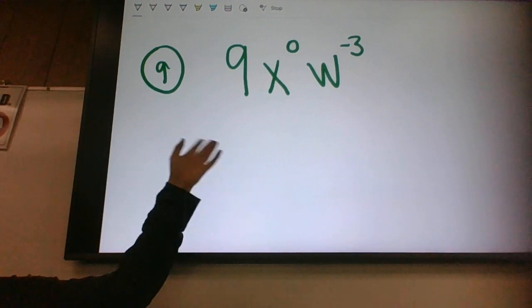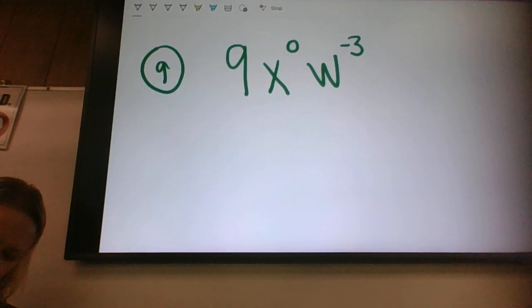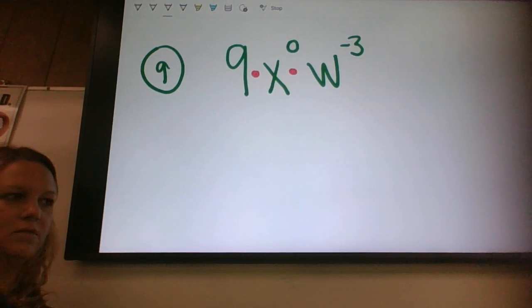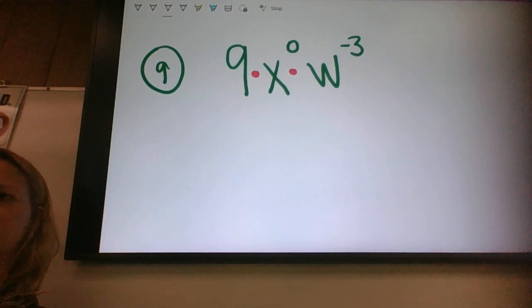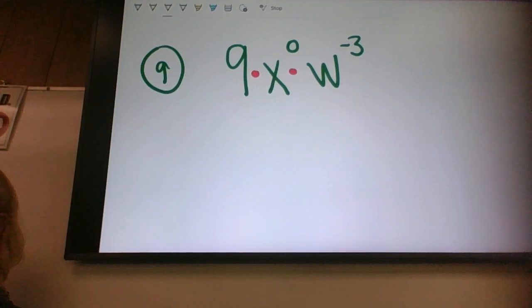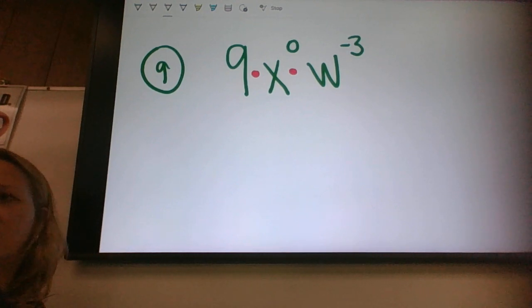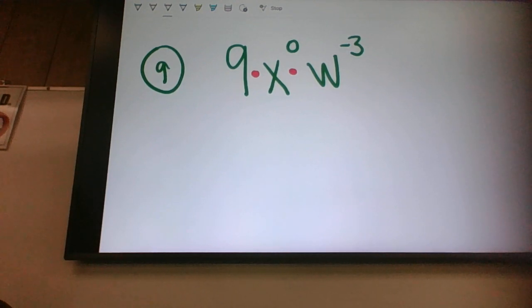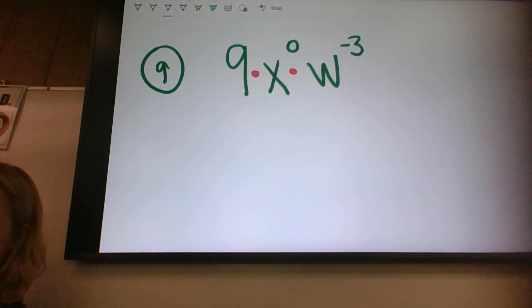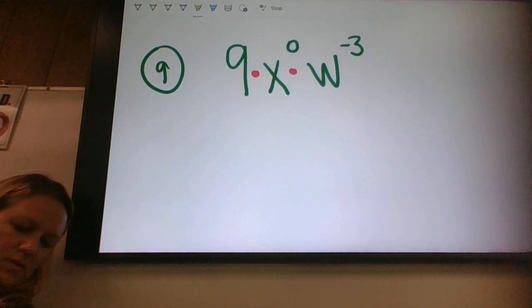What do you think you want to do first, Renaya? What do you want to do first, Tristan? What would you do first in this problem? Wait, don't you do 9 times 8 times W to the 0 plus 0?